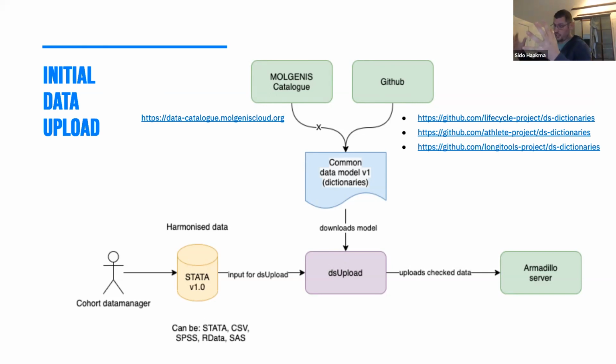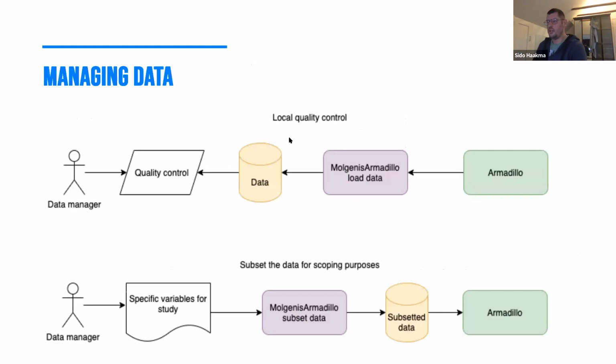When that's done, there's a version for each harmonized data set that you want to upload. And if you want to make subsets or do quality control and stuff like that, then you have the other R package, the Molgenis Armadillo, which is able to load the data back from the Armadillo to your local client and do some quality control, or it can subset the data.